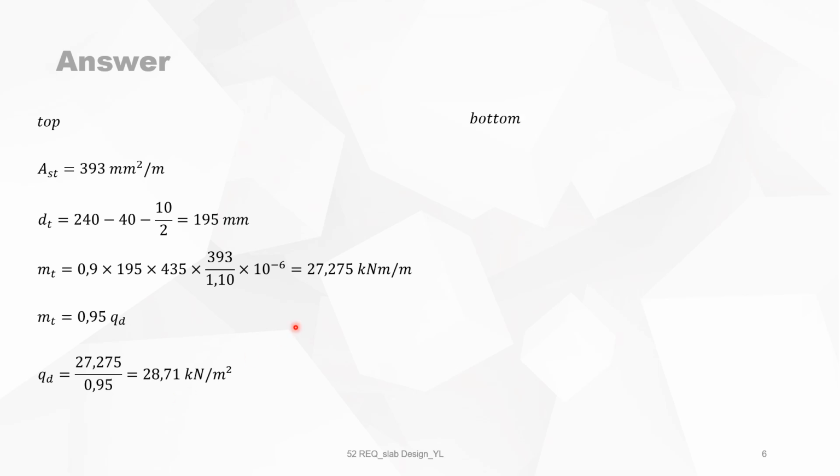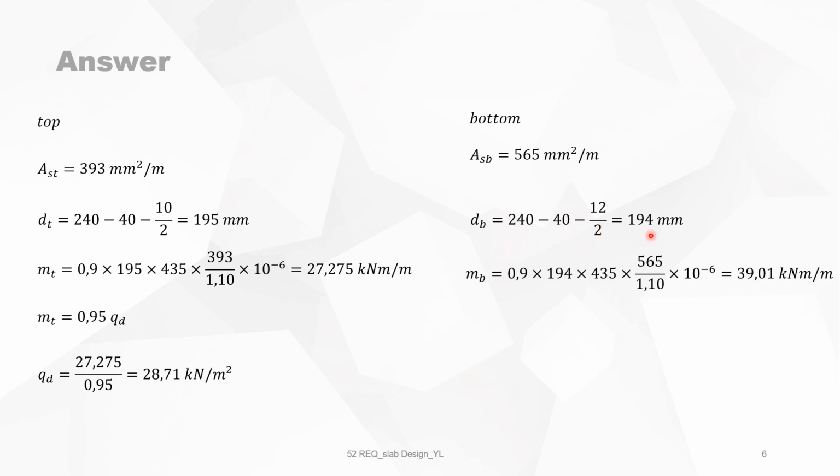But now check the bottom reinforcement. The bottom reinforcement is 565 square millimeter per meter. The effective depth is the total depth minus concrete cover minus point of gravity. It's 194 millimeter. The plastic bending moment that you can take up with this reinforcement is then 39.01 kilonewton meter per meter.